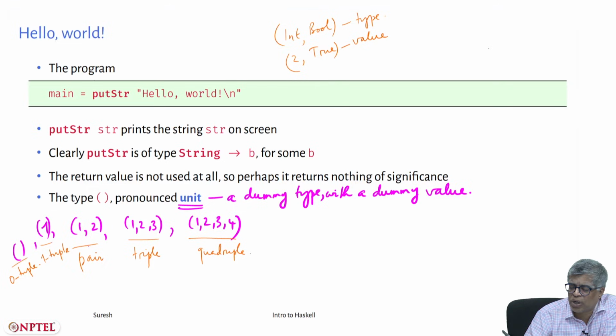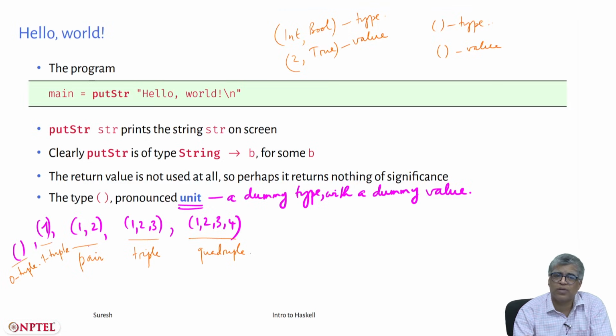So if you extend it to the unit type, then you will write this for the value and that same thing for the type also. Okay, that's it. So the unit type is a type which consists of exactly one value. You can think that that is why it is called the unit type, because it has exactly one value, and that value is also denoted the same way with an open parenthesis and a closed parenthesis.